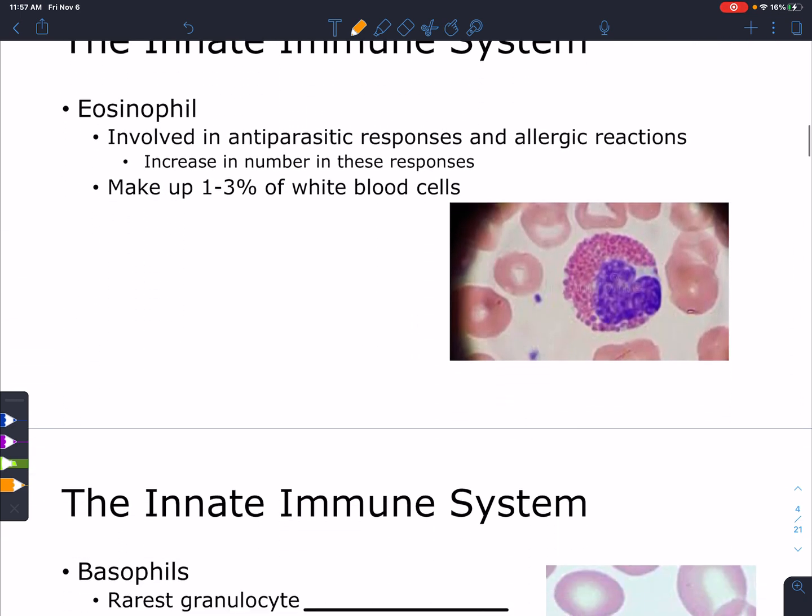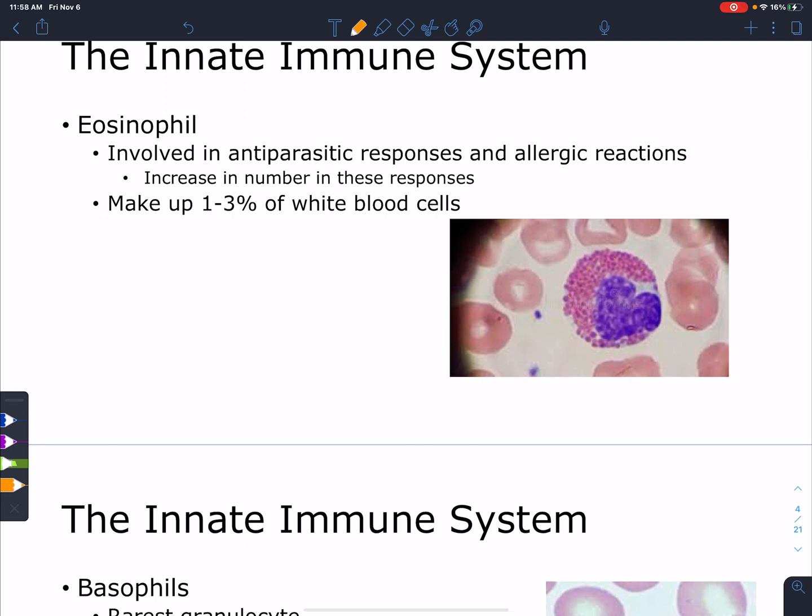An eosinophil, and you can see those orange granules in here now. Pretty cool. And this is parasitic responses. So if you've got that nice tapeworm in your gut, or you got that liver fluke that's managed to get in there, you're going to have an increase in your EOs. And that's pretty much where we see that. You'll see some of it as well in allergic reactions.